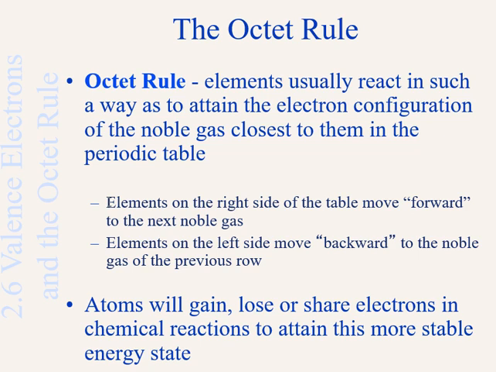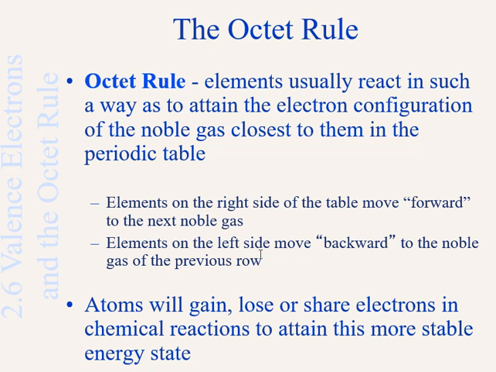It wants to look like the noble gas closest to it, and it's located on the right side of the periodic table. Have a look at the periodic table to verify this. So it will move to the noble gas on the right side, which is neon, and it must gain 2 electrons. So oxygen can become like the noble gas neon by gaining 2 electrons.